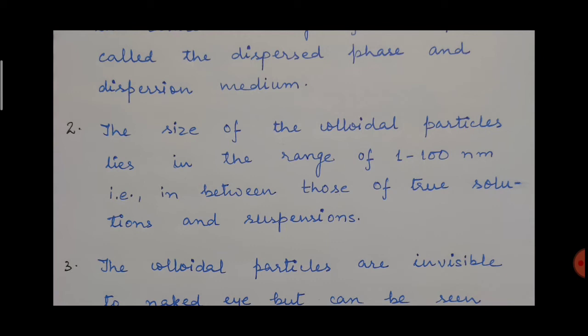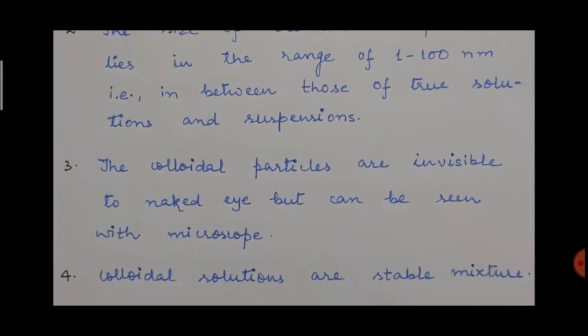The size of colloidal particles is 1 to 100 nanometers, which is in between those of true solutions and suspensions. I hope it's clear to you. The third property is that colloidal particles are invisible to the naked eye but can be seen with a microscope.